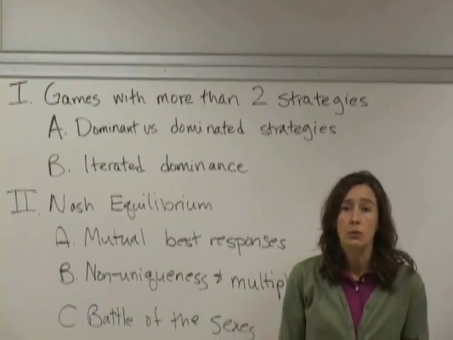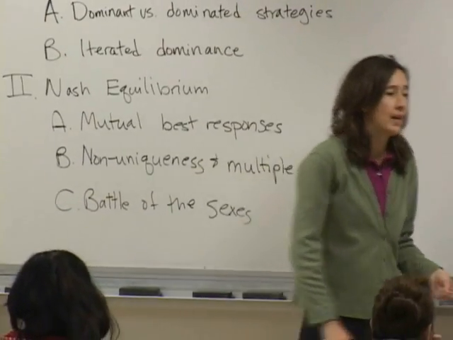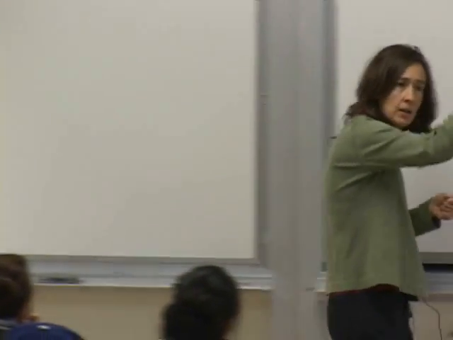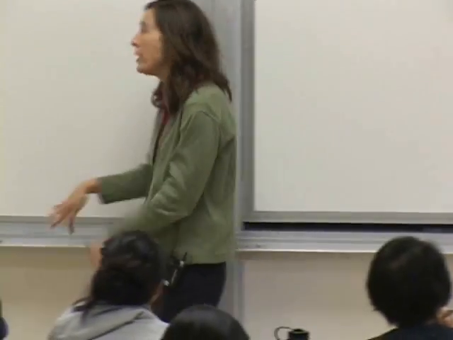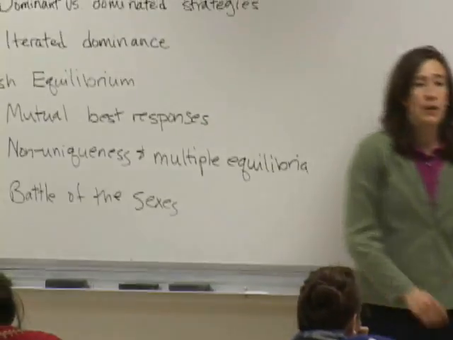Okay, so our reasoning here is going to be, if you have a dominated strategy, a strategy that no matter what your opponent does is not going to be the thing you want to do, it's not going to be the best response, we don't think players are going to play their dominated strategies.